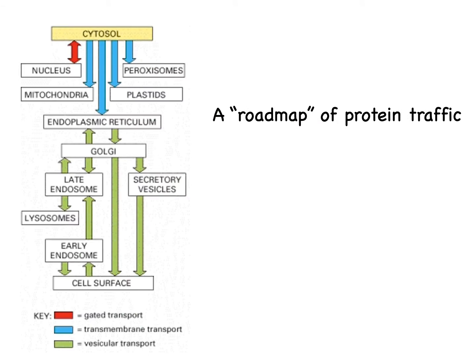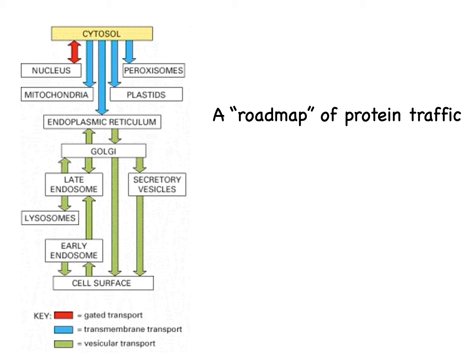So when we talk about protein trafficking in the cell, this is kind of a roadmap of where proteins are going, and the different kinds of transport that we see. And we're going to talk about these in more detail, but basically there's three types of transport shown here.